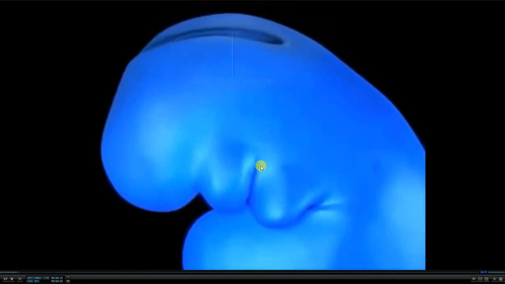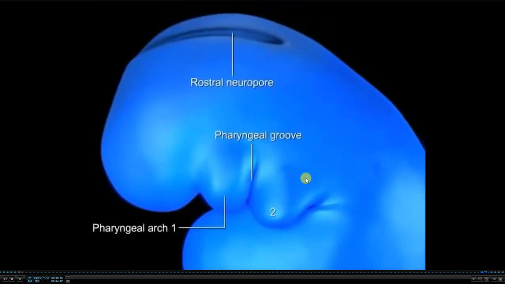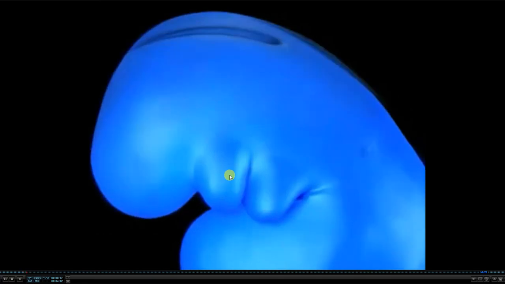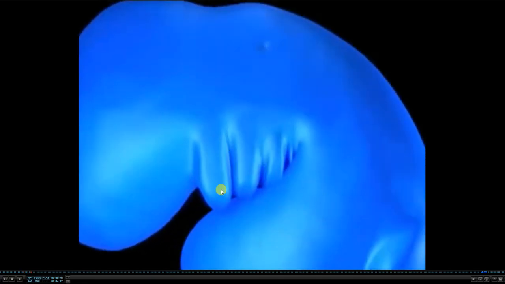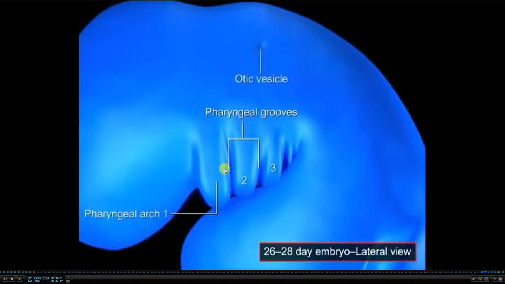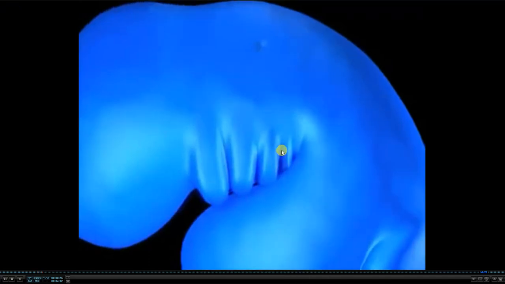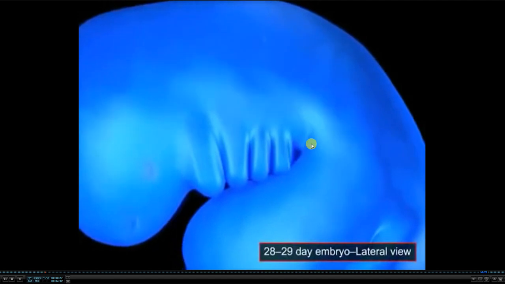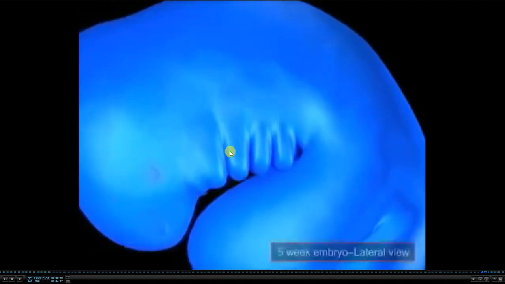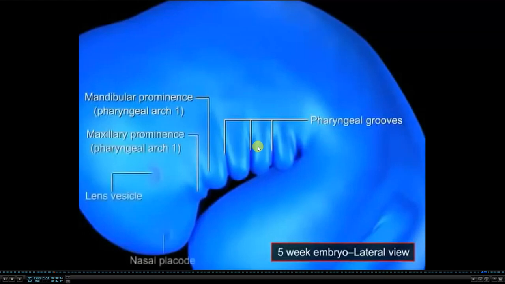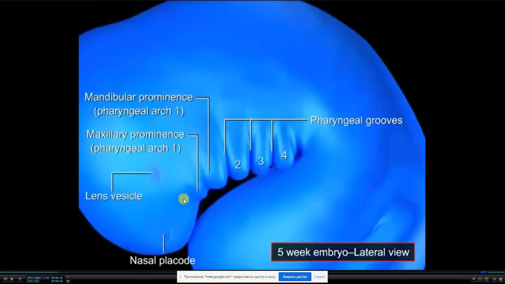Here we see the foregut. The foregut forms grooves: first groove, second groove, and arches form: first arch, second arch, third arch, fourth arch, fifth arch, and sixth arch. But the fifth one is usually reduced, and that's why we can see only the first, second, third, fourth, and then sixth, because the fifth one is fused with the fourth.